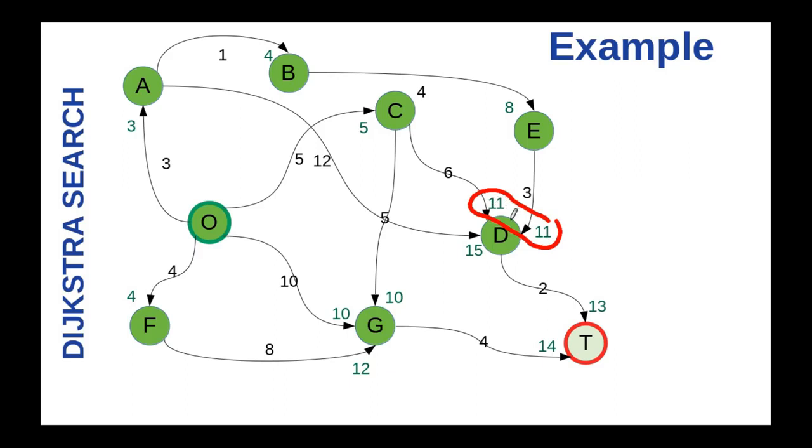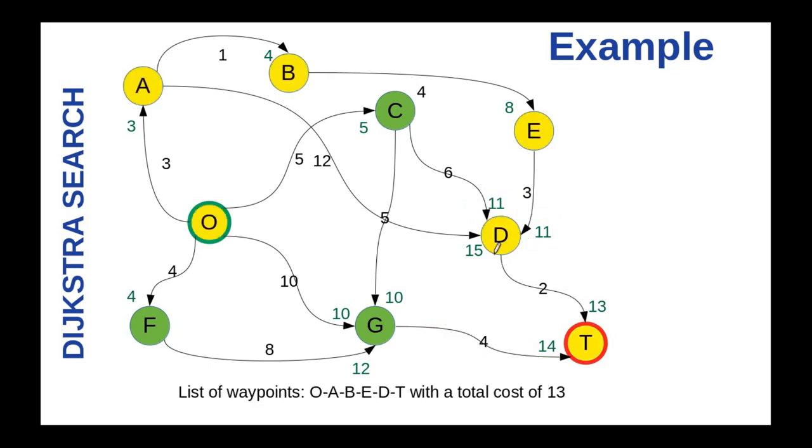Now you can see that we have again a tie, but whatever, if we go from O to C and then D, or O, A, B, E, and D, at the end we have an associated cost to go to the target equal to 13. So as you can see here, you have two different paths to reach the target, and the minimum cost is by means of the D node.